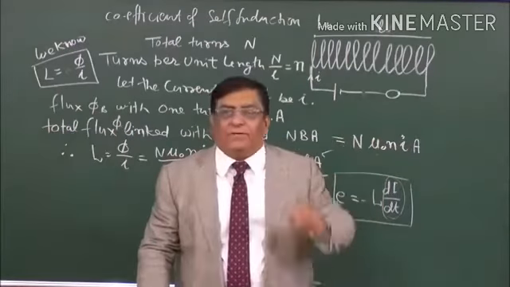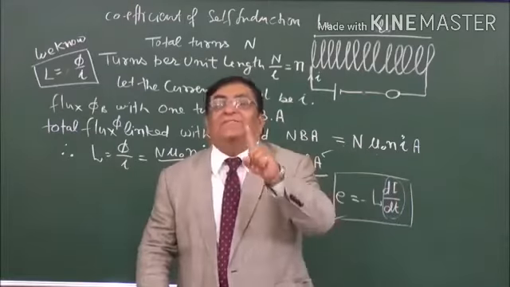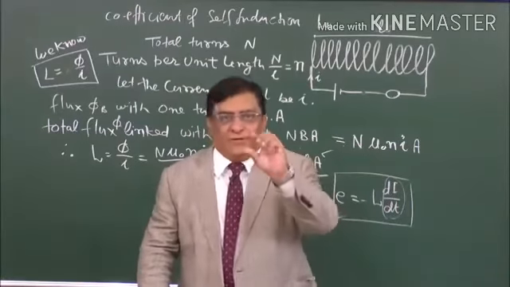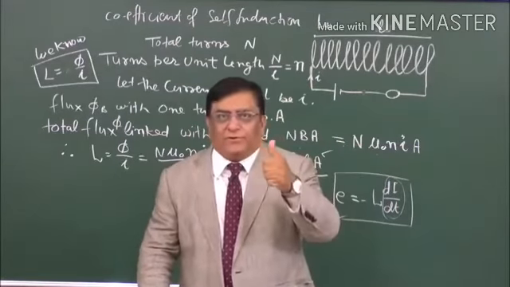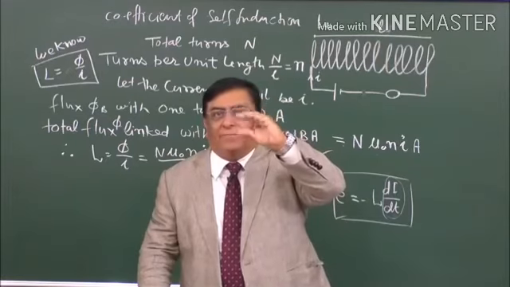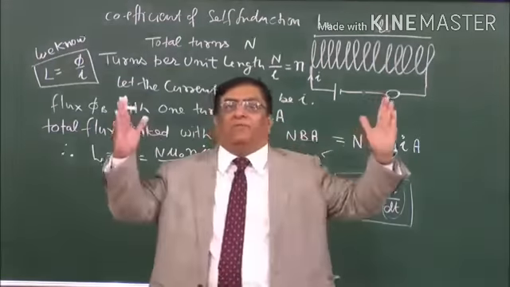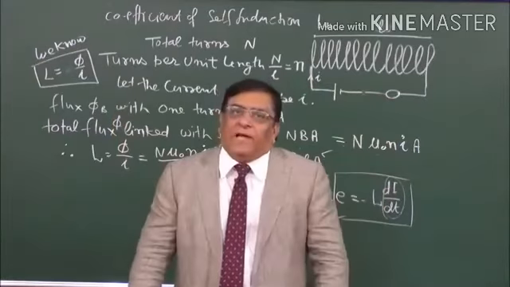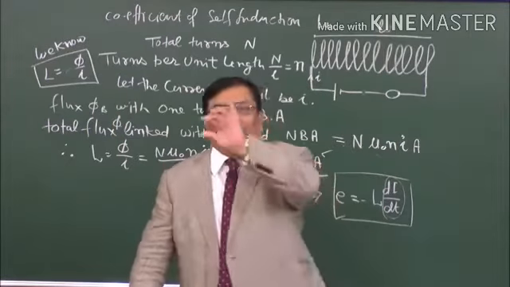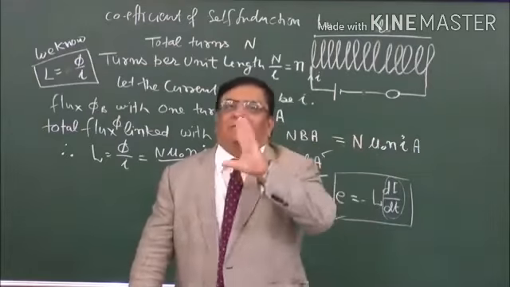This make and break of the circuit is done by the starter. You have seen the starter in the tube light. When we switch it on, that starter makes, breaks, makes, breaks. When it breaks, the voltage becomes very high between the two electrodes. That voltage is so high that the gas in the tube gets ionized and the current starts.